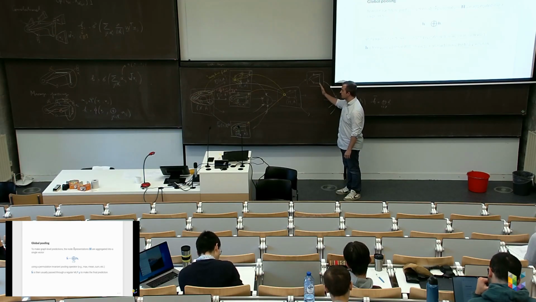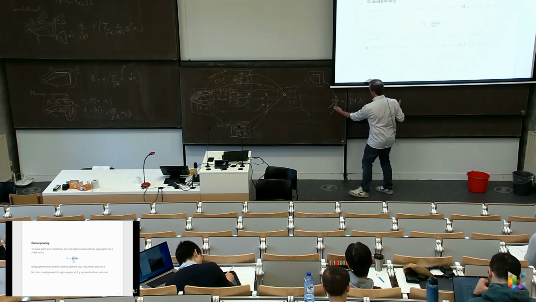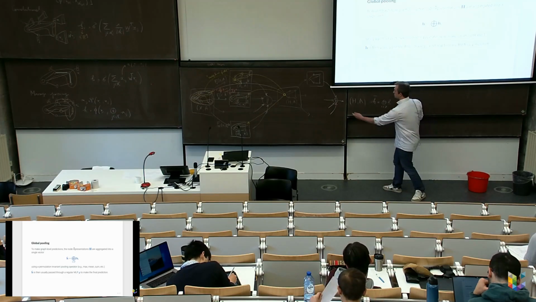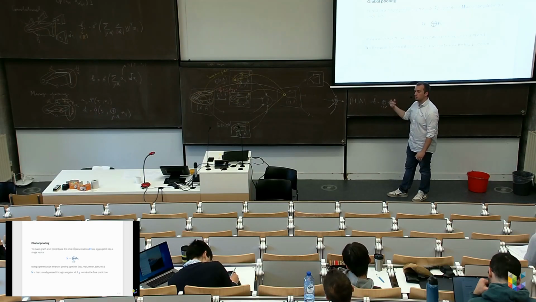We maintain the structure of the graph. We maintain vectors for each node. If we permute the ordering, everything should permute accordingly. And it's only there, if we want to do graph level predictions, that this part should be permutation invariant. But we achieve that trivially by just taking the sum or mean of these vectors.